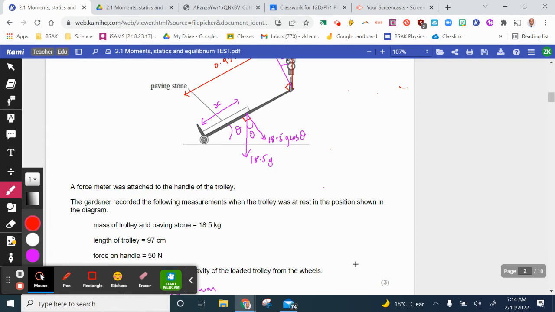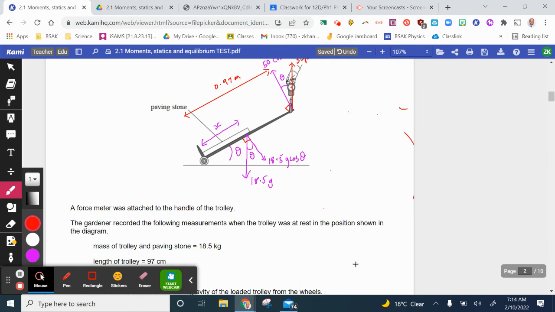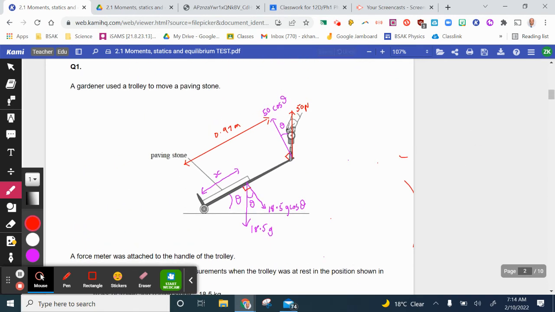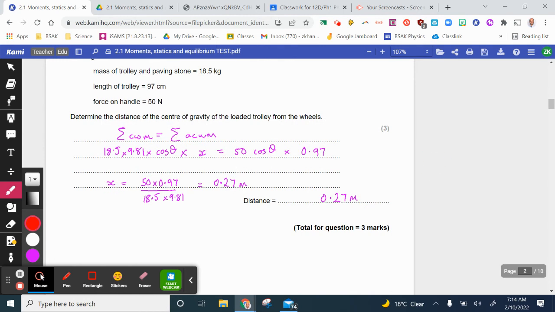That creates a clockwise moment. And the anti-clockwise moment is the force, which is 50 cos theta, multiplied by 0.97. That's the anti-clockwise moment. 50 cos theta is the force times the distance of 0.97.